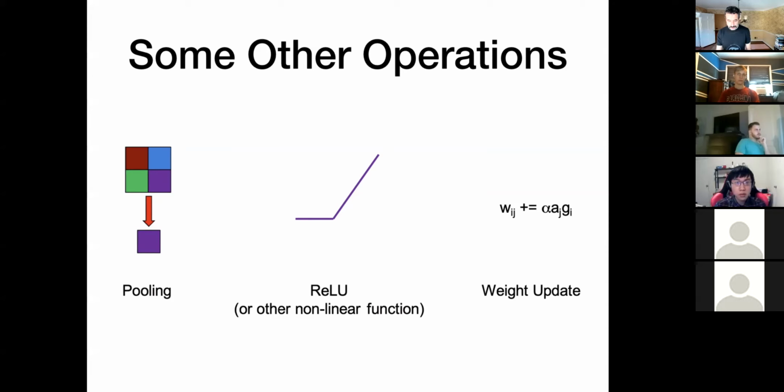So in CNN, you have some other operations as well. You have pooling, right? We discussed that. You have your activations, and you want to take the max, if this is max pooling, in order to do this subsampling.